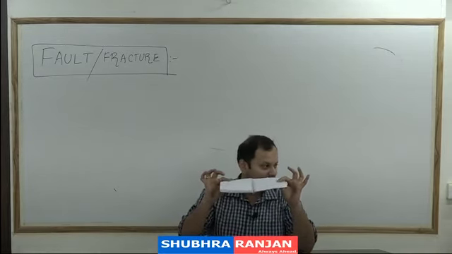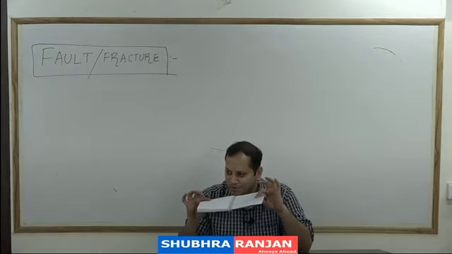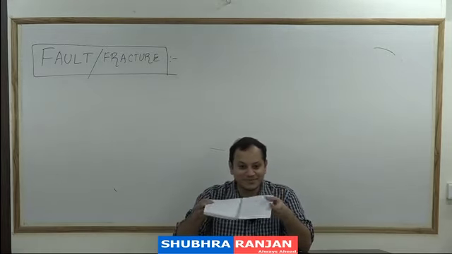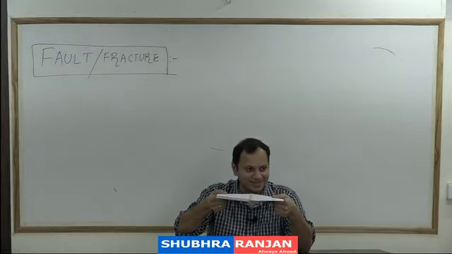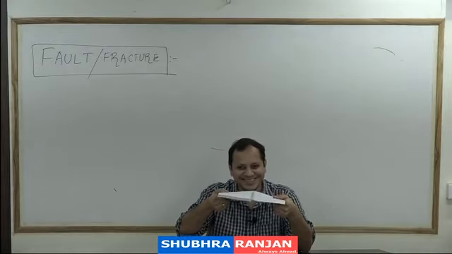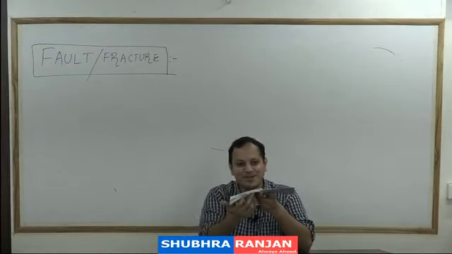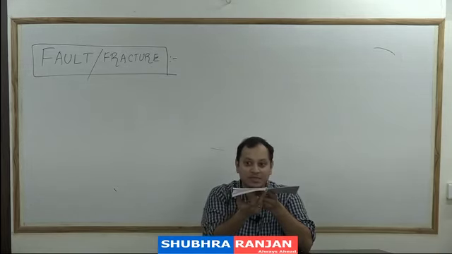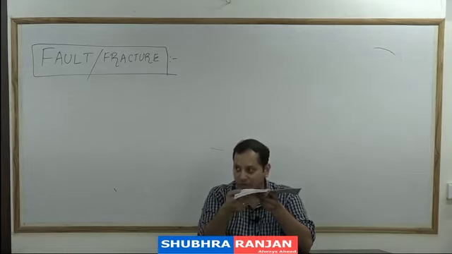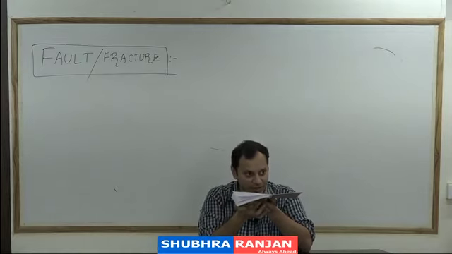In the central part. Why will it break if I pull it more? Because this is the weakest part. Why is it the weakest part? Because it has a joint. It is not compact because it is joint.